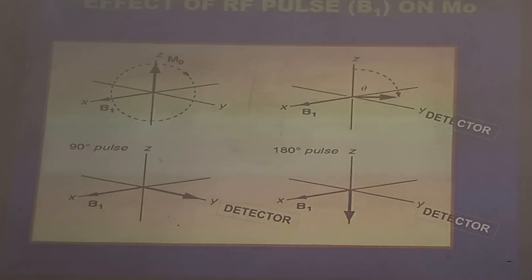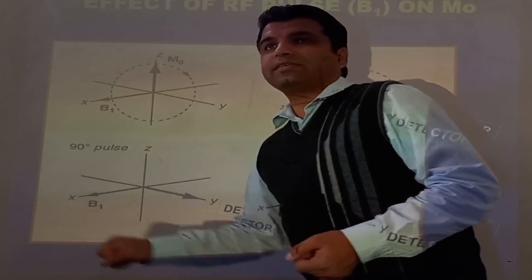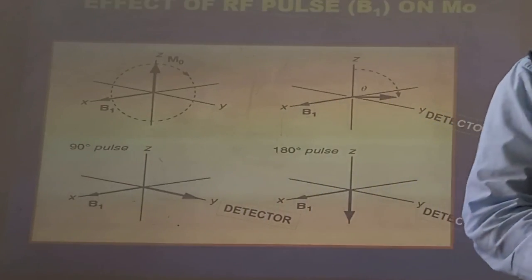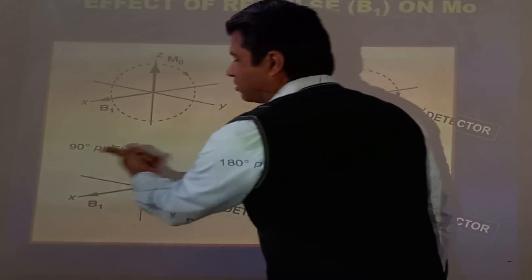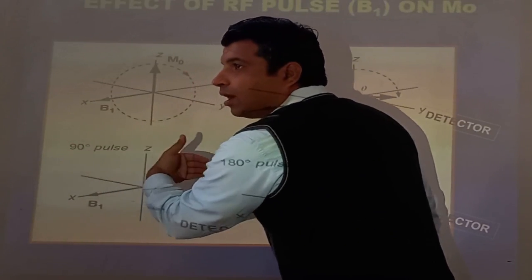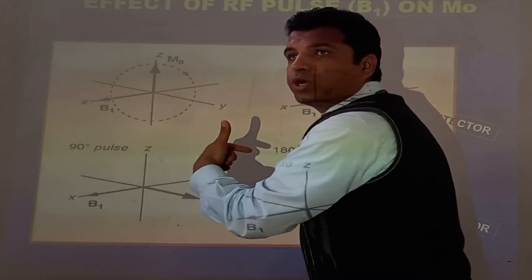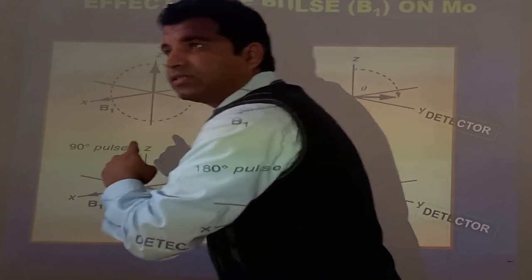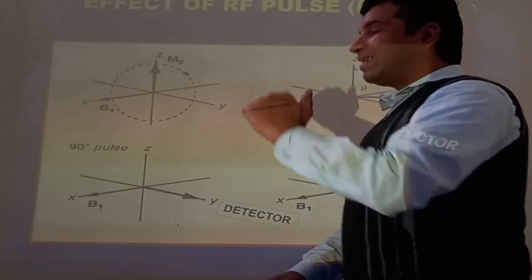If you are giving a 90-degree pulse in the x-axis, it will take M0 from the z-axis towards the plus y-axis, and make it move at an angle of 90 degrees.